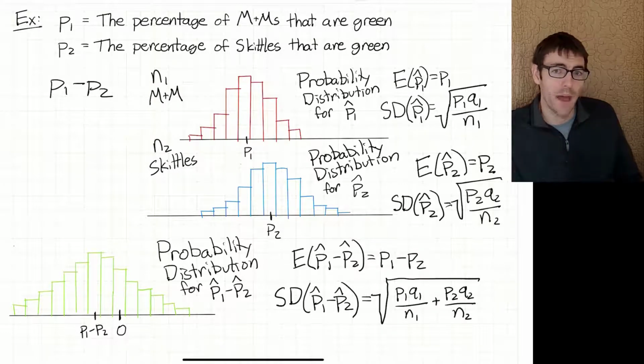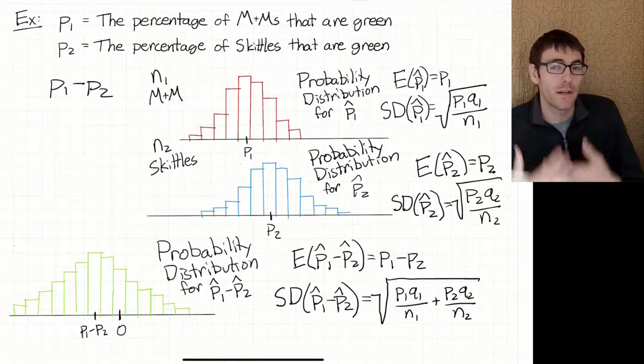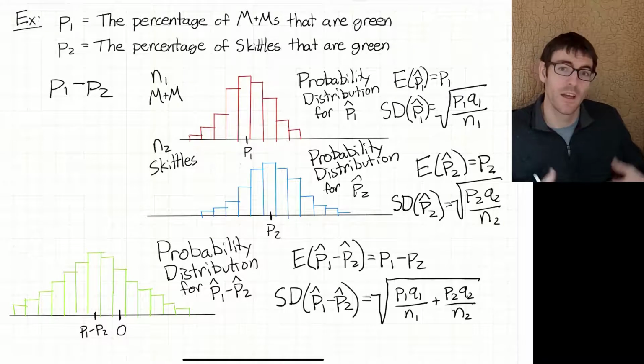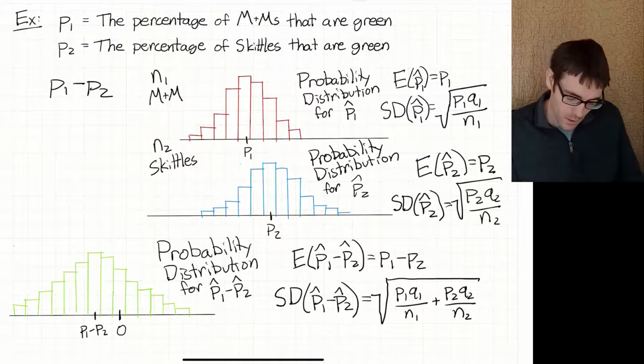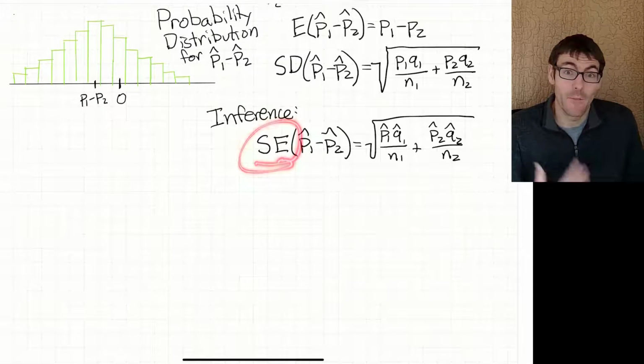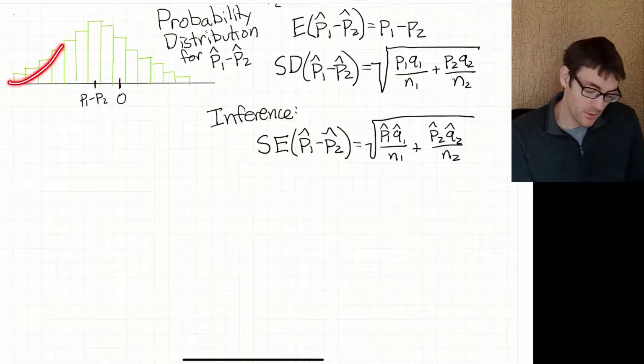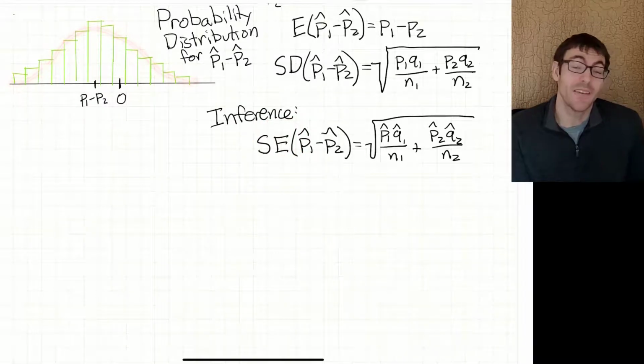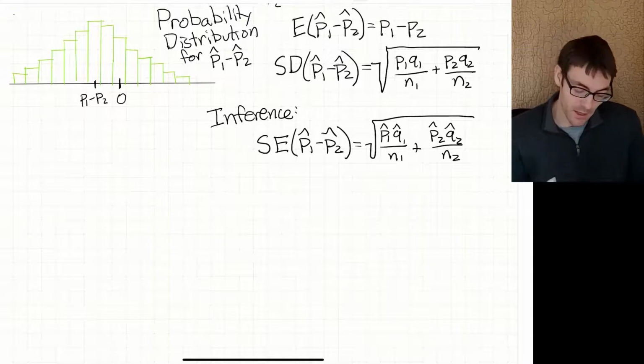So just like we've done in the past, we're going to use our information that we have from our sample as our best guesses for what P1 and P2 are. So just as we've done in the past, the standard error is our best guess for this probability distribution given the information that we do have.